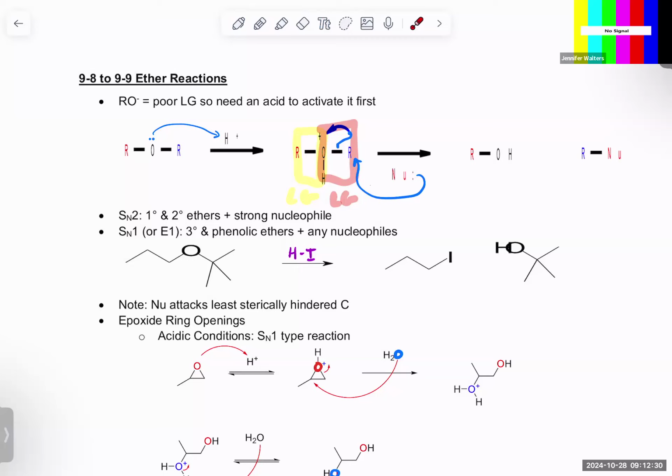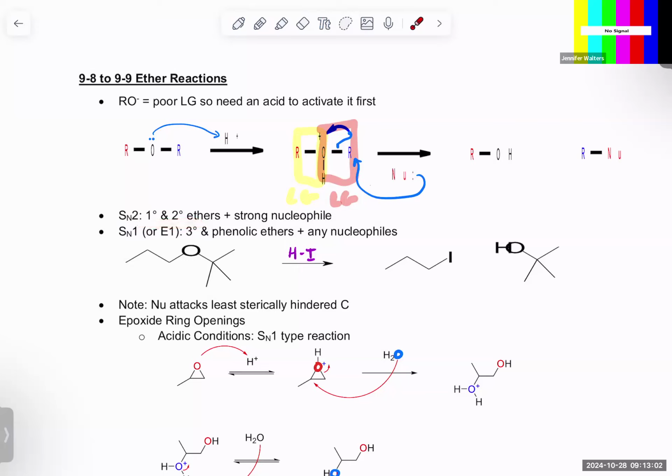So we had said that our nucleophile can attack either the left or the right. And that was the big deal, that we get this regiochemistry consideration. To know if you're going to attack the left or the right, you need to know if you're doing SN1 or SN2, because then you're going to have the substrate considerations. So for SN2, we have a strong nucleophile, and you're looking for either a primary or secondary leaving group.